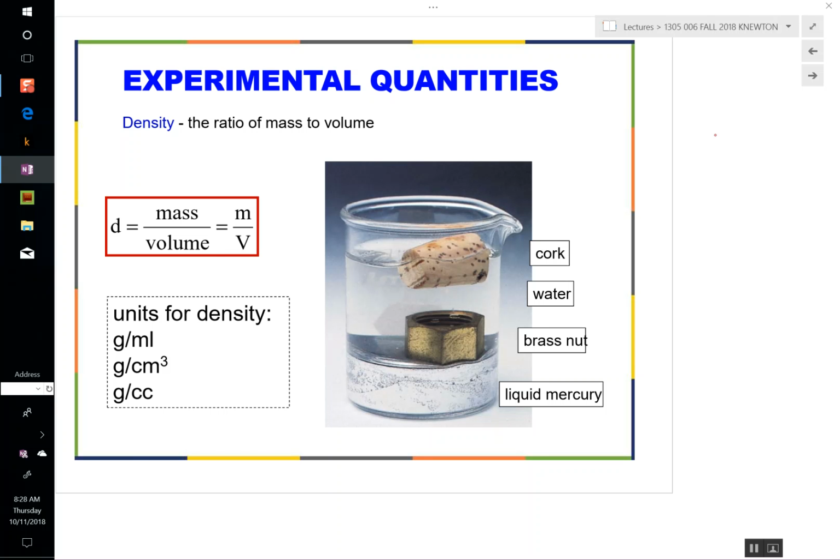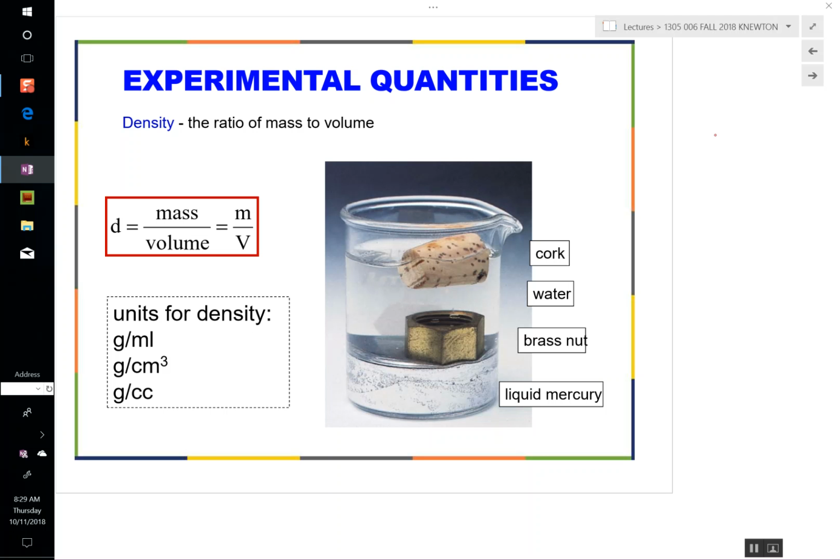Okay, so those are your three, and then temperature we talked about today. That's another basic unit. That's not length, not mass, not volume. It's the temperature of this thing, and it has some relationship to the energy that material has in it. So now, what are we doing with density?